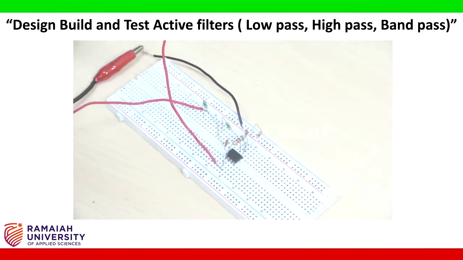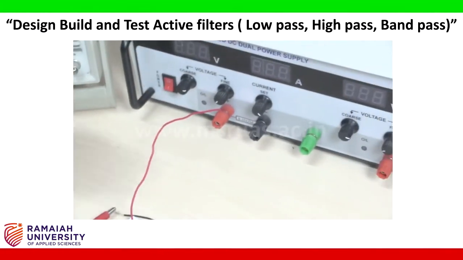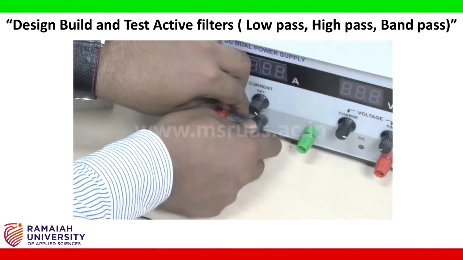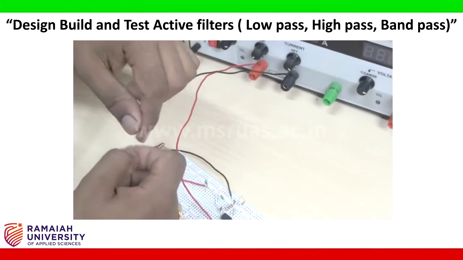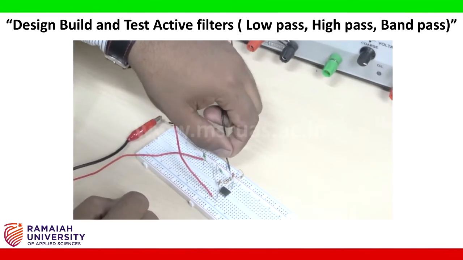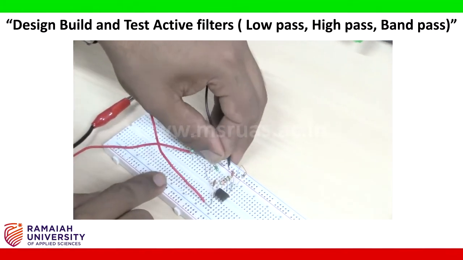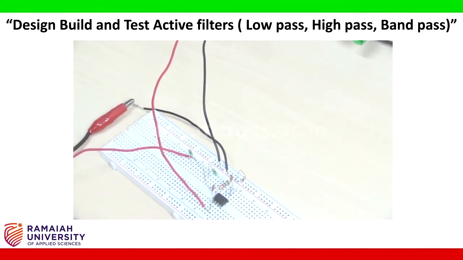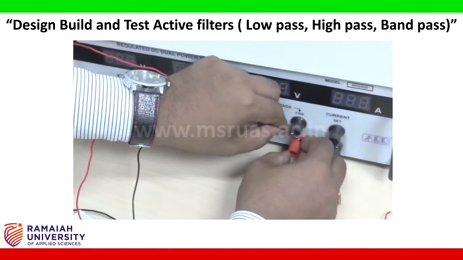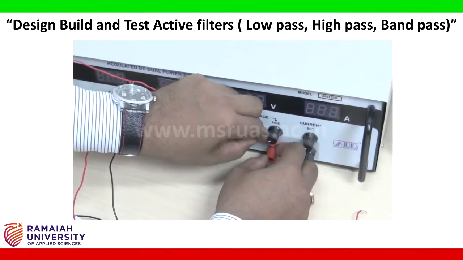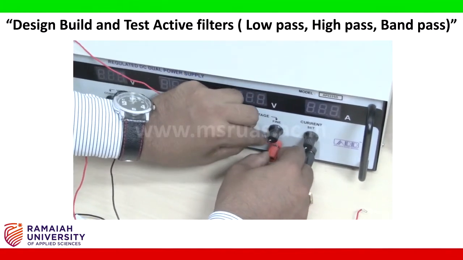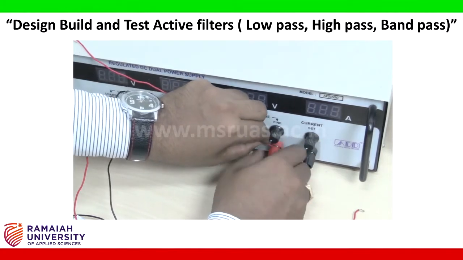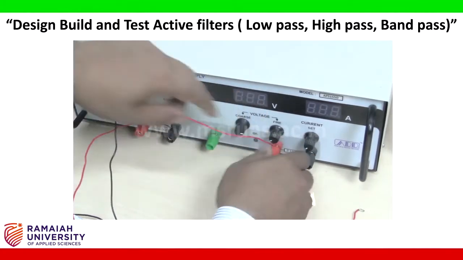The negative end will be made to ground. And the other positive end of the DC regulated power supply is connected to ground.